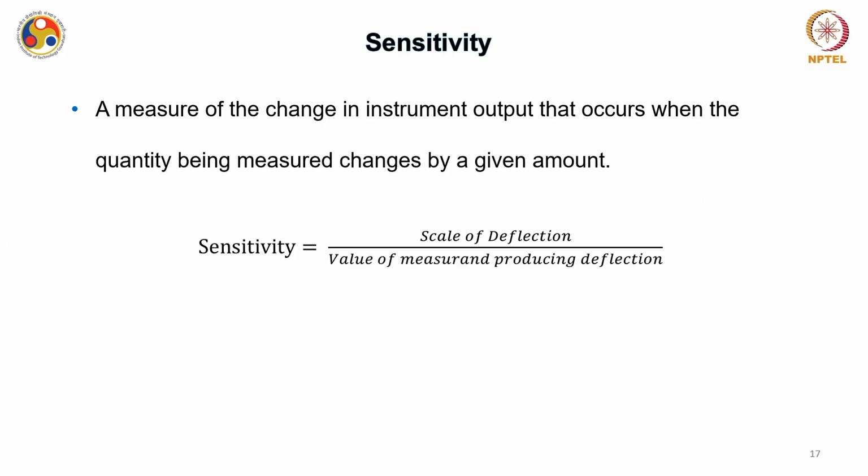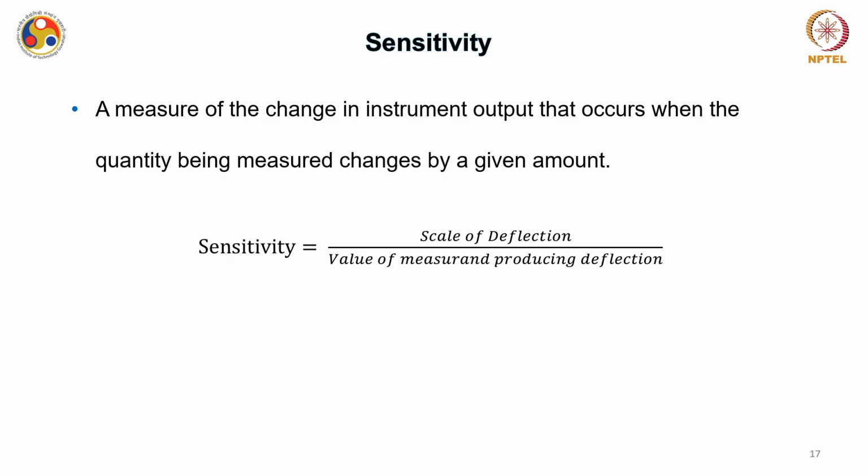Now, the next characteristic is the sensitivity, again which is very important, and we will see that most of the instruments that we are going to talk about in the next module are compared based on their sensitivity, particularly if the user knows their desired application. Sensitivity is a measure of the change in the instrument's output that occurs when the quantity being measured changes by a given amount.